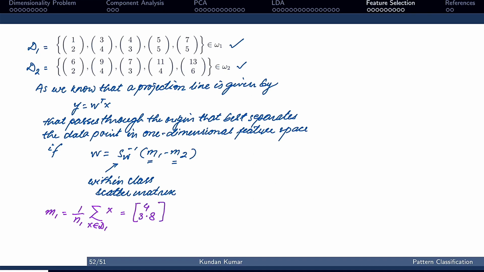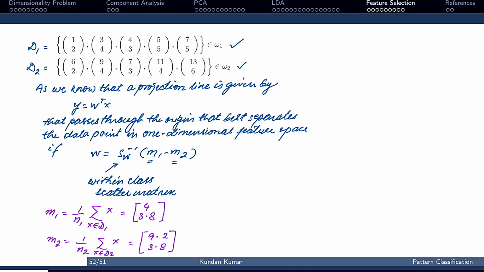Similarly, we can compute M2, which will be 1 by N2 summation x, where x belongs to set 2, and that will come 9.2, 3.8. So, these are the two mean values of these two different sets of samples.